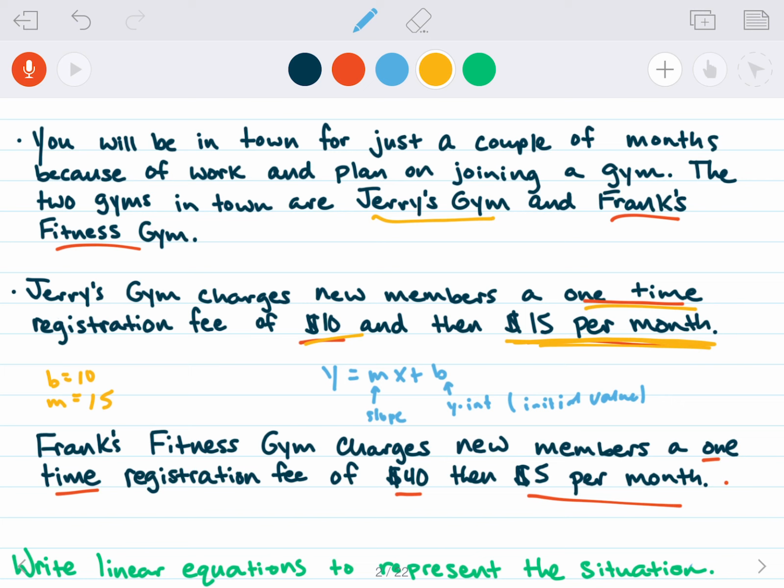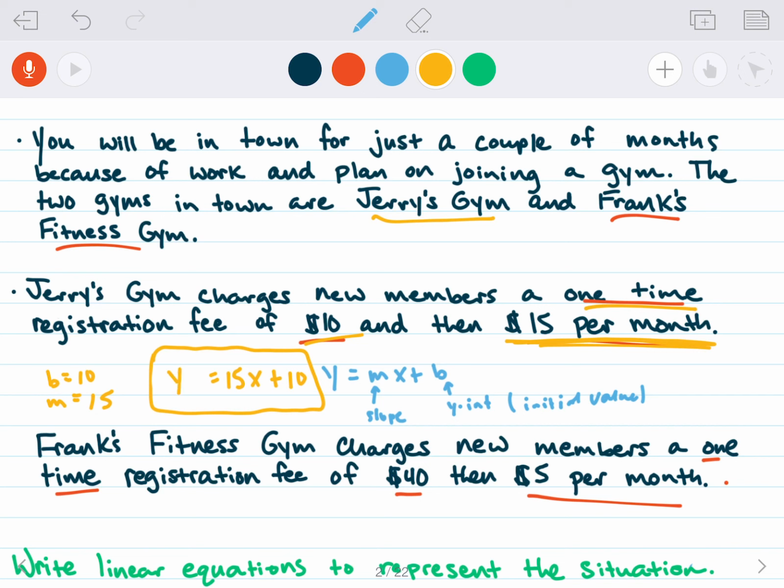And so we can write a function that represents the cost of Jerry's gym. We can say that the cost, c of x, which you can think of as y, the output, is equal to m, which is 15, times x plus b. You could use c of x for cost, or you could also use y. Maybe we'll just use y to stay consistent.